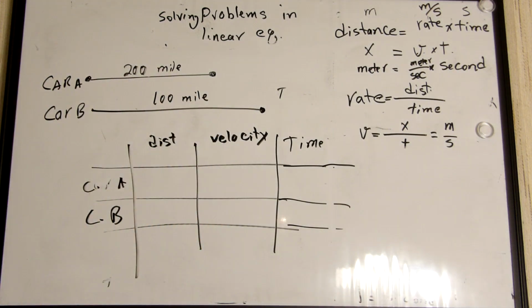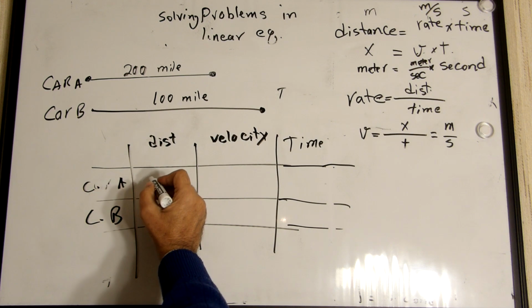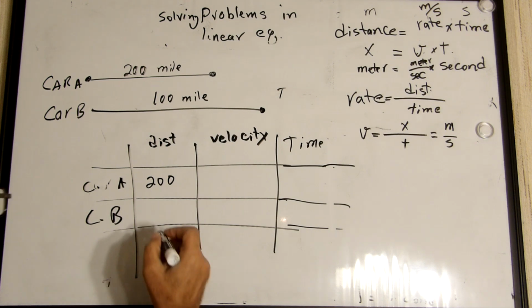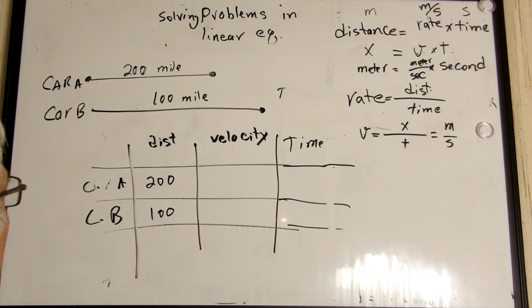The distance, car A is going 200 miles, and the second one is going 100, the distance is 100 miles.